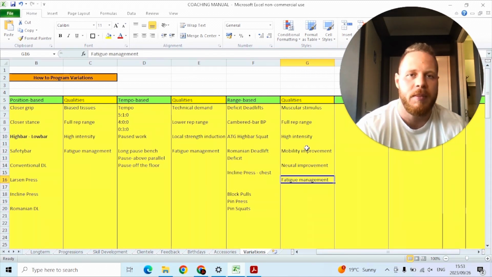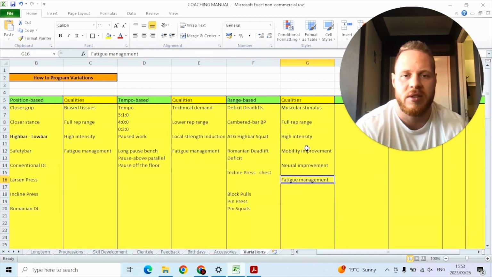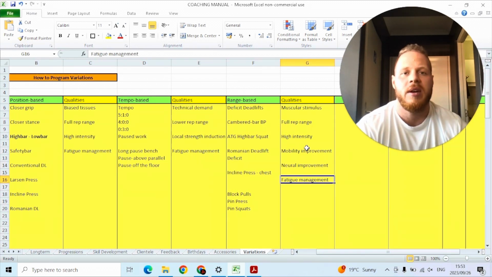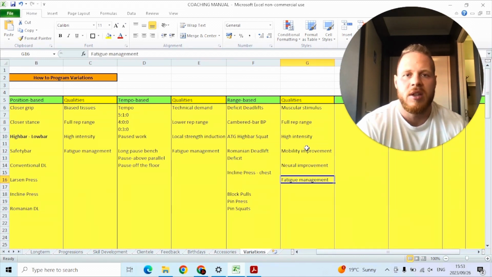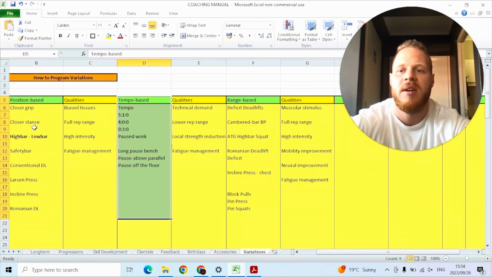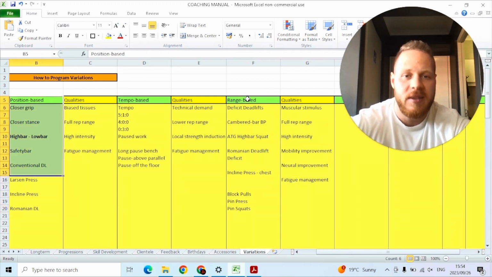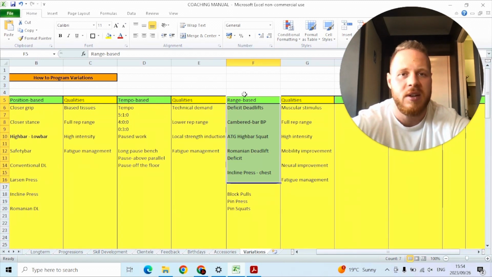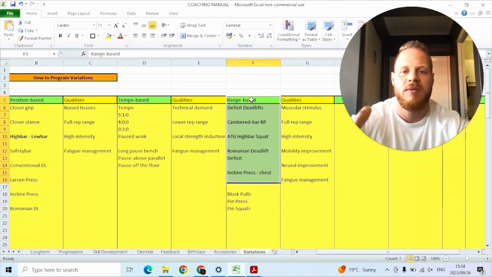So keep in mind, these types of variations are not mutually exclusive. You can utilize everything. You can do a paused, okay, high bar ATG squat. That utilizes all three types for maybe the same reason, but utilizing three different variables from three different compartments, right?